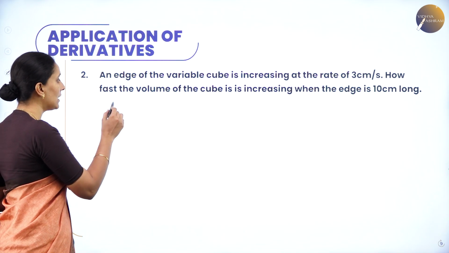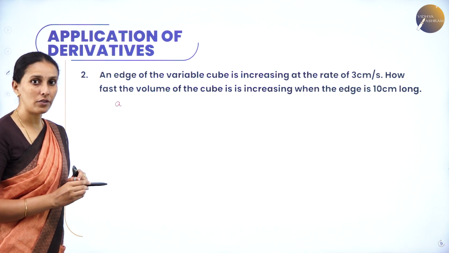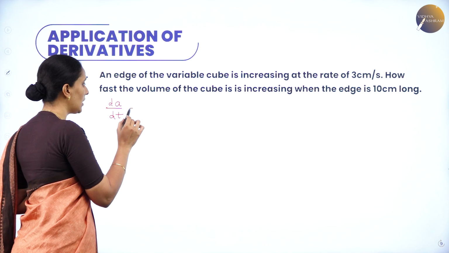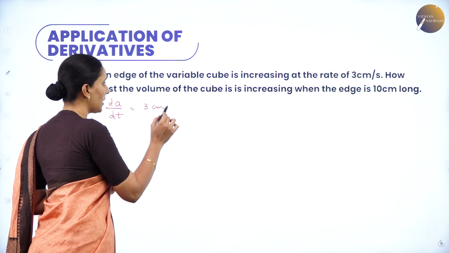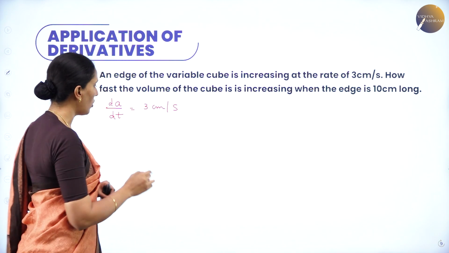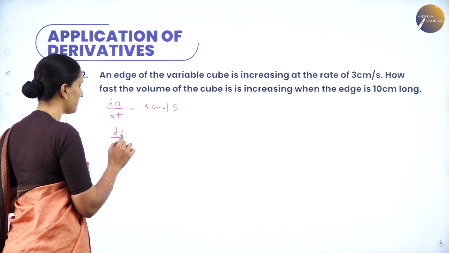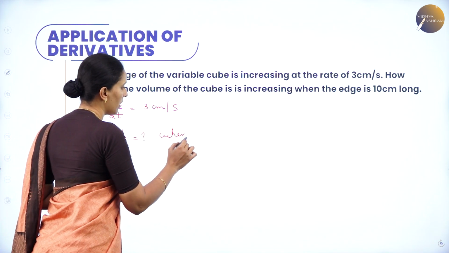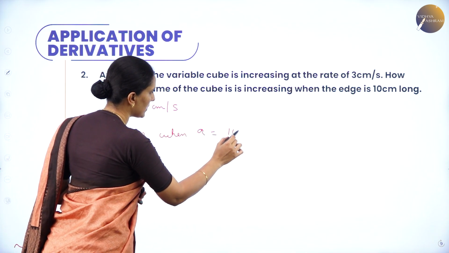So if I consider A as the side of the cube, then change in A is given here, that is 3 centimeter per second. And we need to find out the change in volume, that is dV by dt, when A is equal to 10 centimeter.